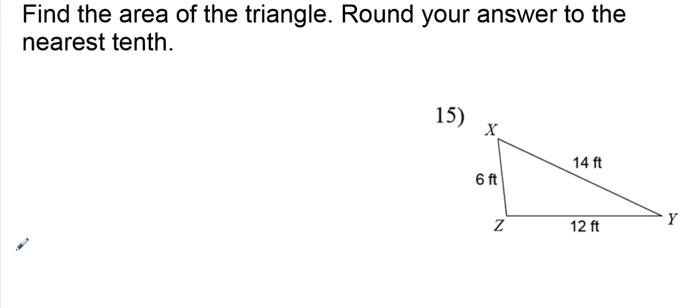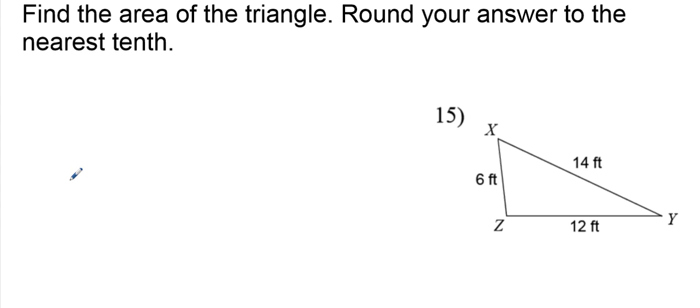Now, problems 15 and 16, I actually changed these up because they were previously, just like problems 13 and 14, we were just given 2 sides and the angle between them. But in problem number 15, notice that we are not given an angle.